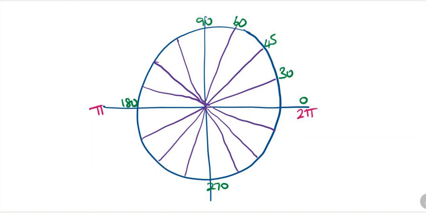So you can see we're incrementing each section: 30, 45, 60, and then 90. Then 120, 135, 150.